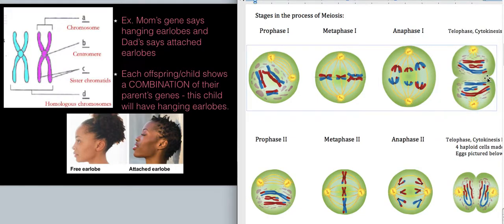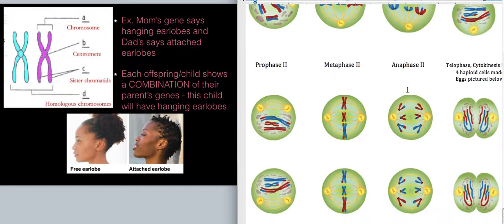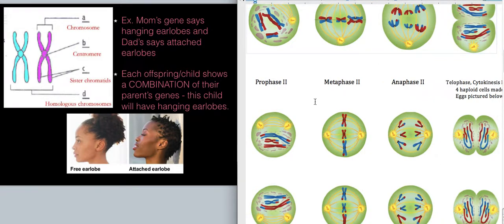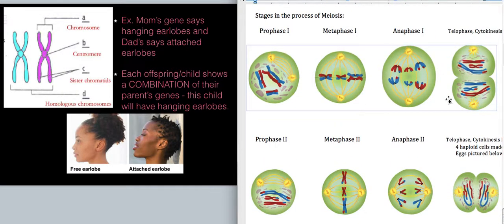This will split, and there's going to be 2 cells. Each of these 2 cells, I'm going to come down to 2. These are the 2 cells that were made right here. They're going to go through their own prophase, metaphase, anaphase, telophase, and cytokinesis. So to combat that, scientists use the Roman numeral for 1 and the Roman numeral for 2.